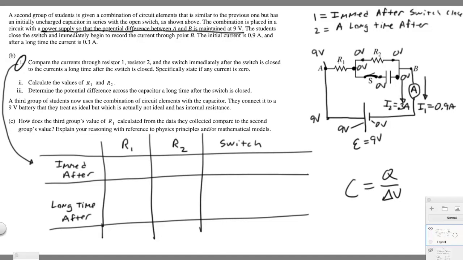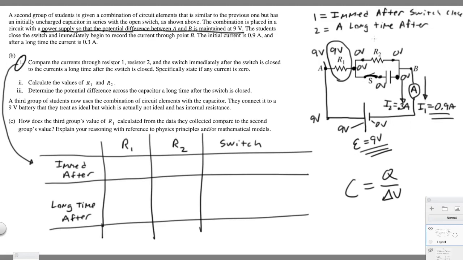Okay, so the full voltage of the battery, all 9 volts, is going to be across resistor 1 immediately when the switch closes. So the significance of that is resistor 1 immediately after the switch closes has all the current, which is 0.9, right?